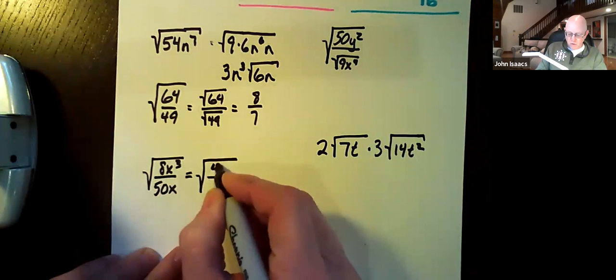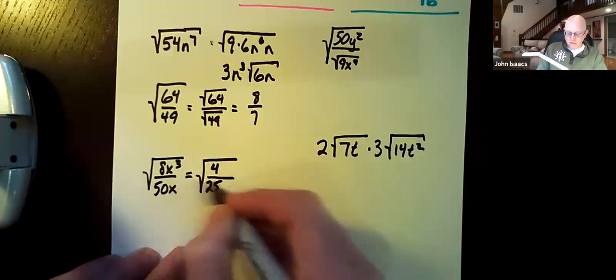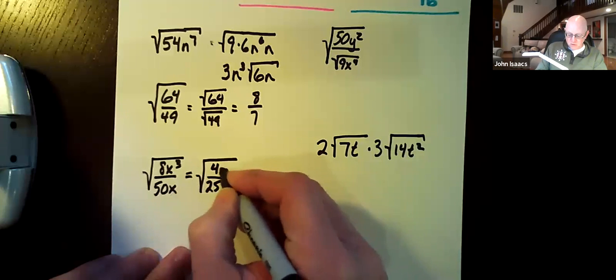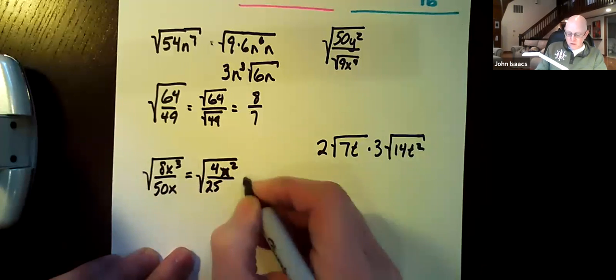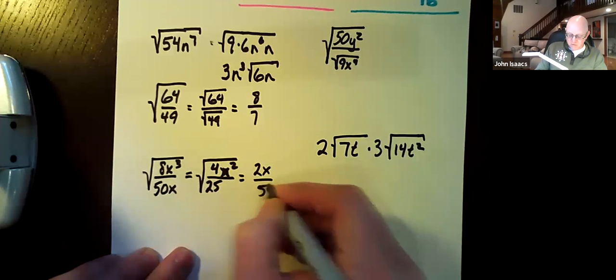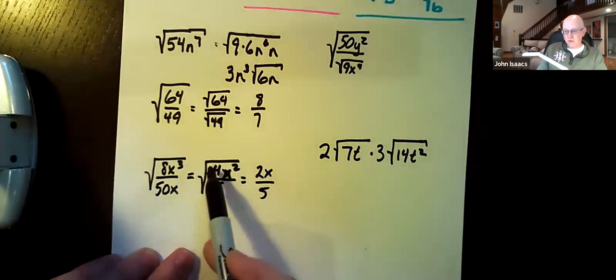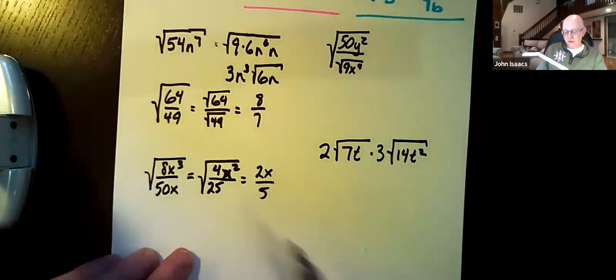So we have 4 over 25, and x to the 3rd divided by x is x squared. And this becomes 2x over 5. Notice we don't have to split up into two fractions. We can just move on if we want to.